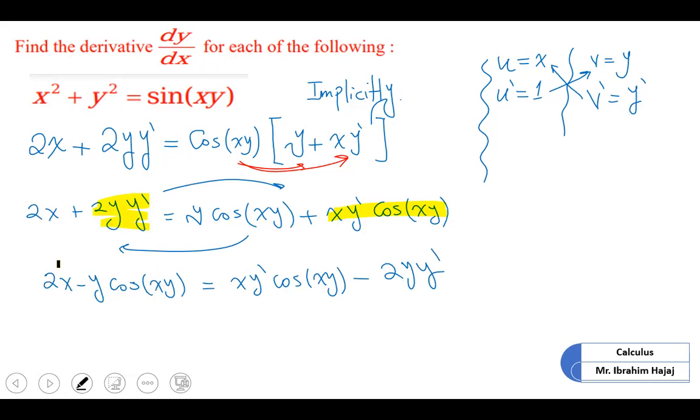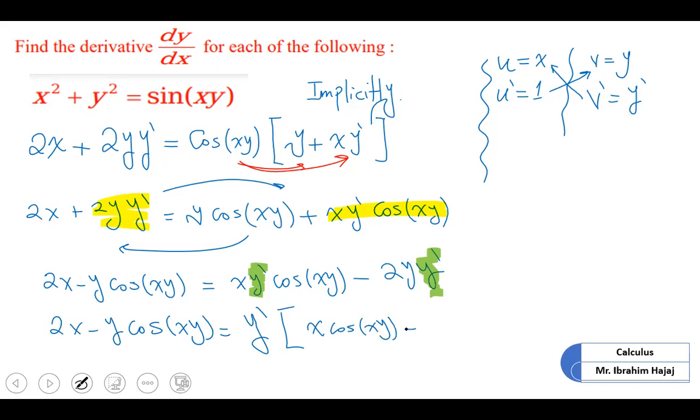As you see, guys, we have y prime in both terms, so let's take it as a greatest common factor on the right-hand side. The left-hand side stays the same, 2x minus y cosine xy, and on the right-hand side we take y prime, and we still have x cosine xy minus 2y. I know that we did a lot of questions in the same way. The final step is to write y prime alone on one side by dividing each side by x cosine xy minus 2y.